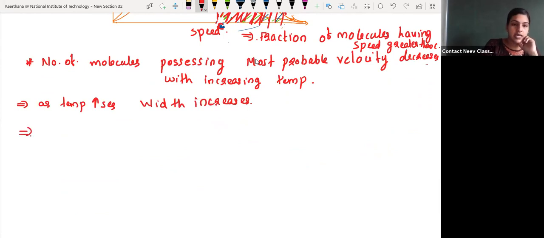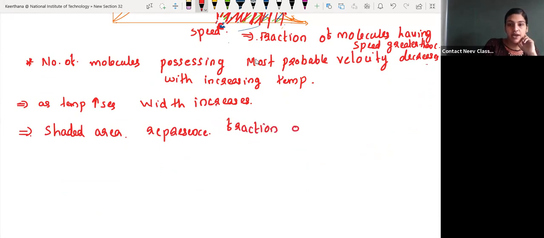Or I can say the shaded area represents the fraction of molecules possessing a velocity greater than c.